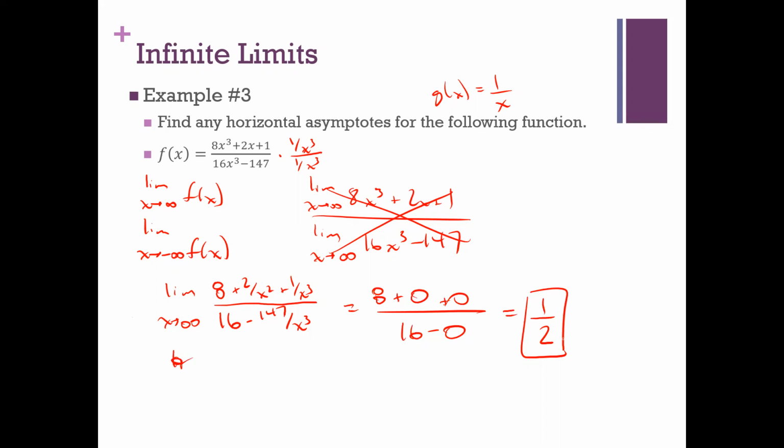So that's the limit. What does that tell us about where the horizontal asymptote would be for this function? Right. So why did you put zeros there? I have 5 terms there, right?